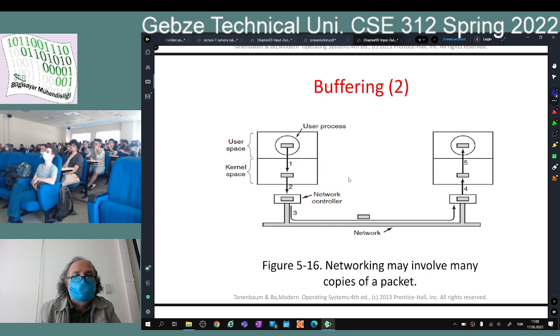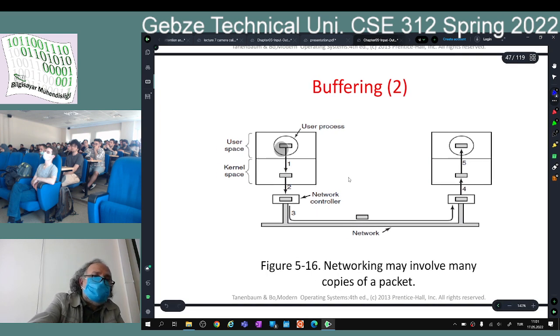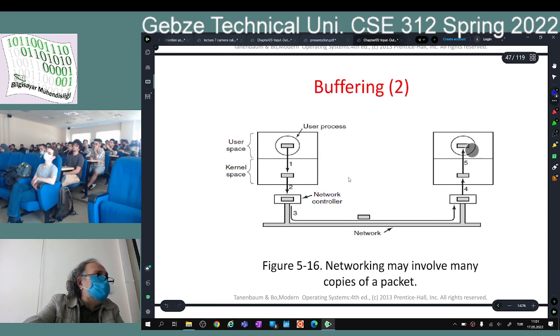So we are not saying that let's eliminate this. Why are we doing this? Just to be more efficient. Otherwise, I have to do lots of kernel calls, or I have to be very slow between this end and that end. I would like to send this data to the other end.